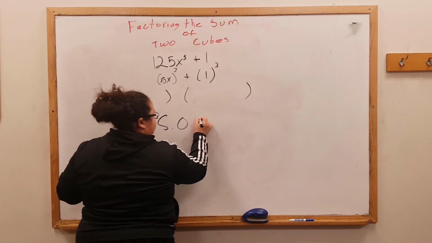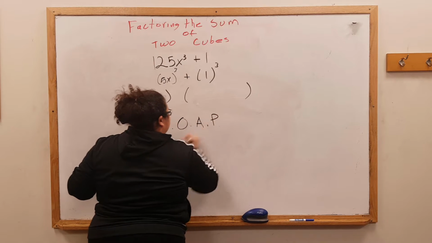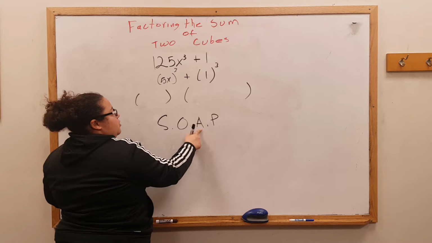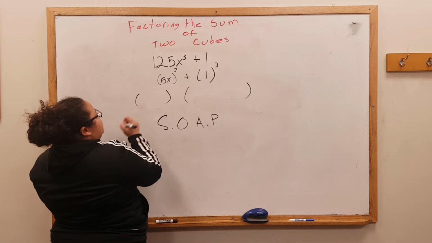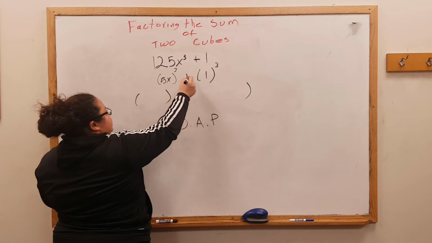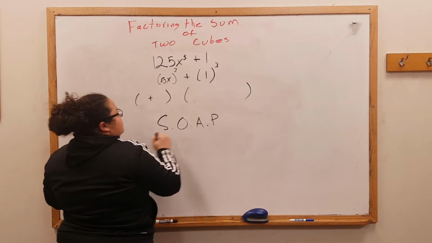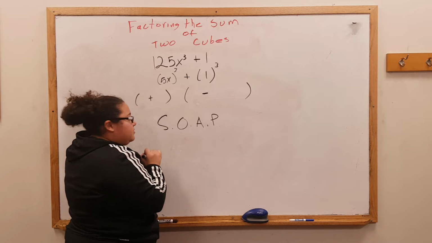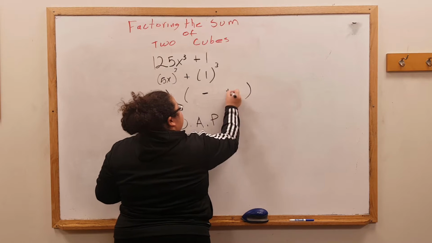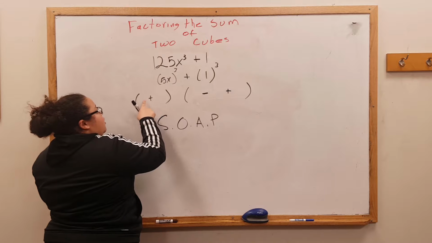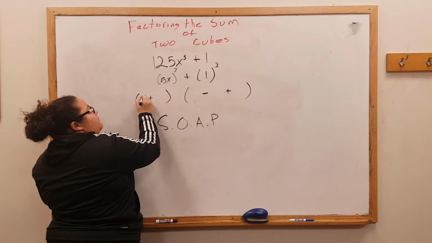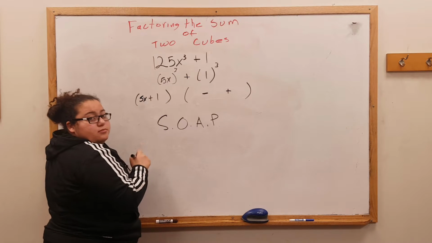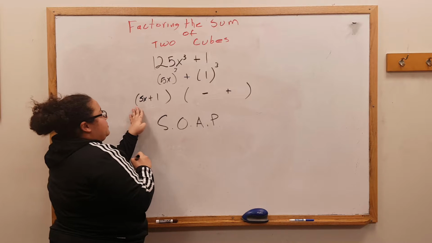So, same, opposite, always positive. This time it's going to be the same, which is going to be plus. Going to be opposite over here, which is going to be minus, don't forget, and always positive. Over here we're gonna have 5x plus 1. We all know that.